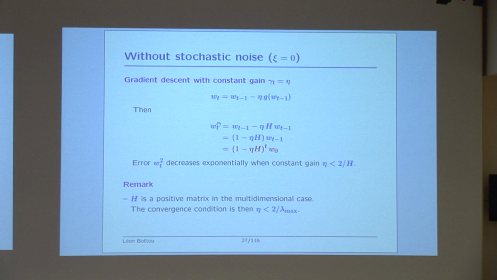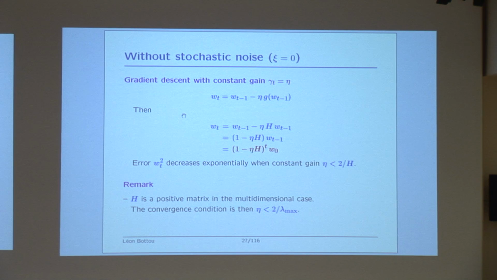So if we didn't have noise, there is all this well-known mathematics about gradient. I can write the update this way and just replace the gradient by hw. And wt becomes (1 minus eta h) to the power t times w0. So it's a geometrical series.